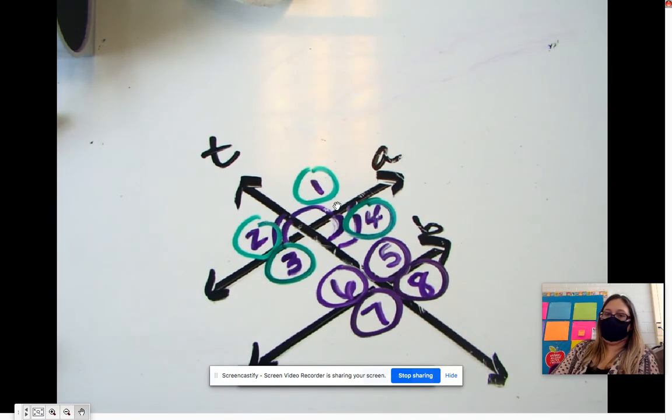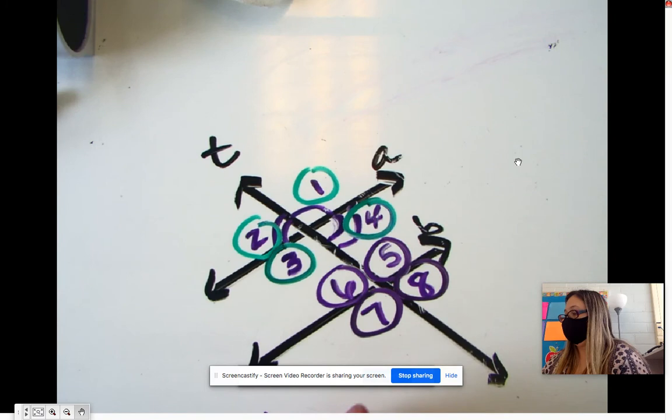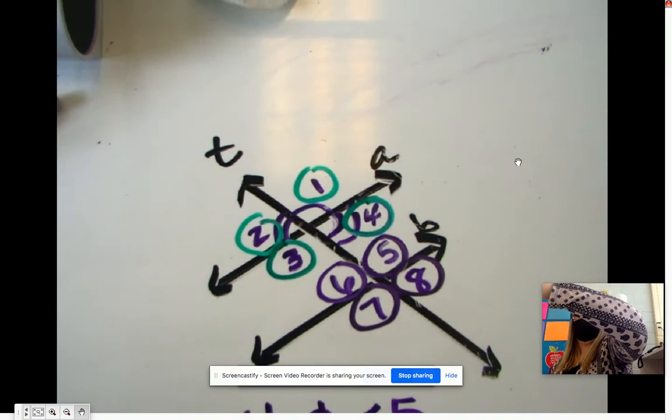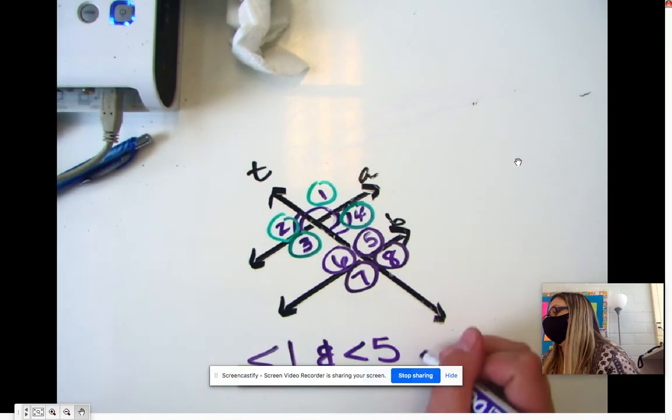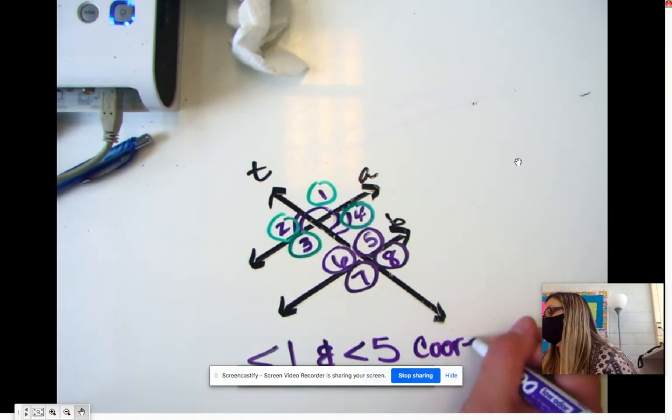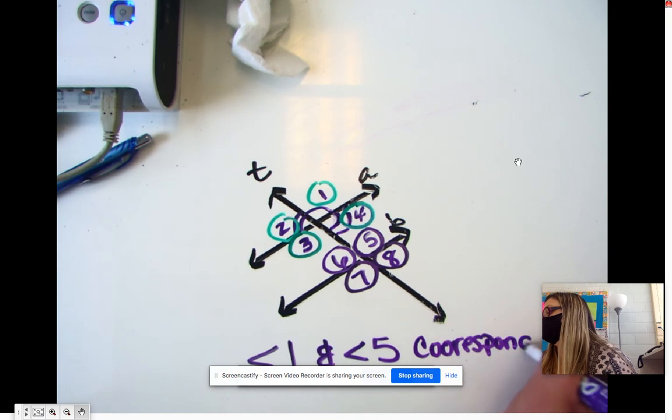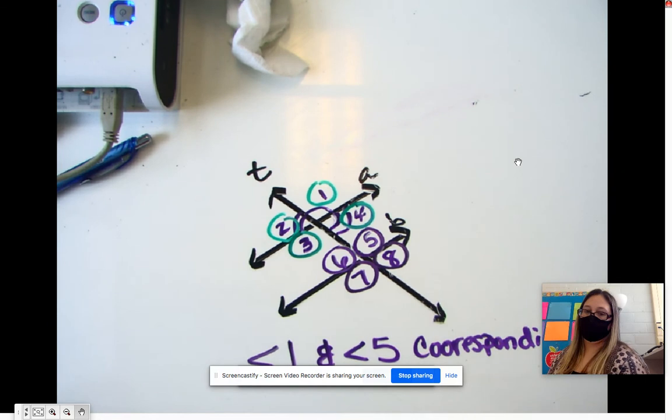So right here we have the top right is number 1. Out of the purple, which one's the top right? 5. So angle 1 and angle 5 have the same position. Agreed? Those are called corresponding angles. Okay? Corresponding angles have the same position.